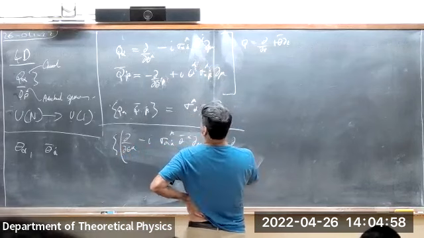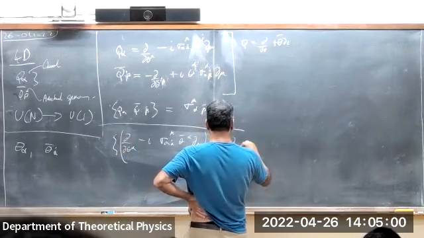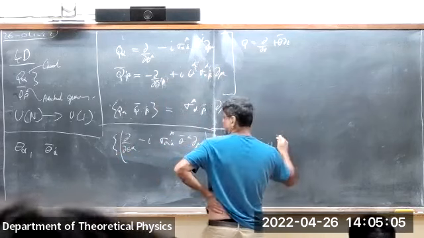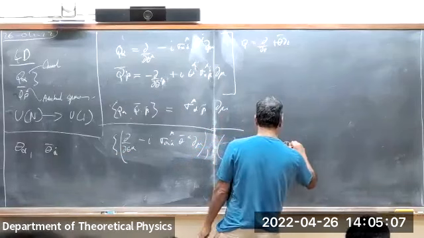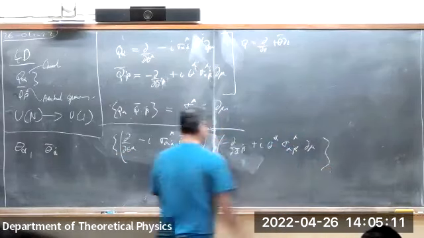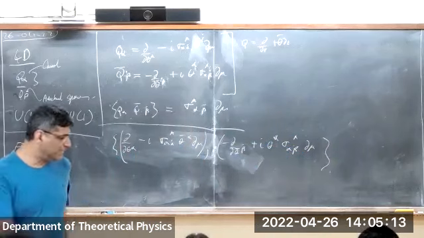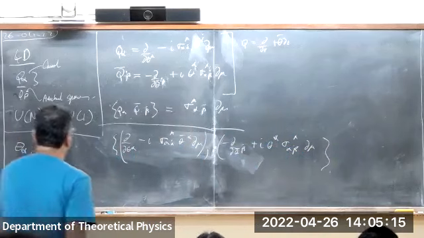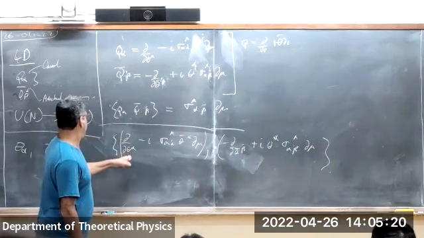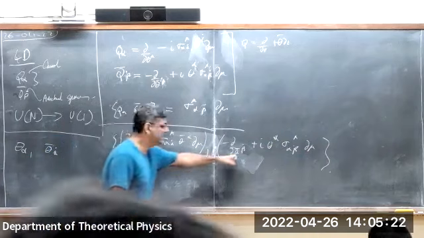So we want this with minus del by del theta bar beta dot plus i theta alpha sigma alpha beta dot mu del mu. Now the first thing we want to do is to see which terms here can have non-trivial anti-commutators. You see, this is theta, this is theta bar.